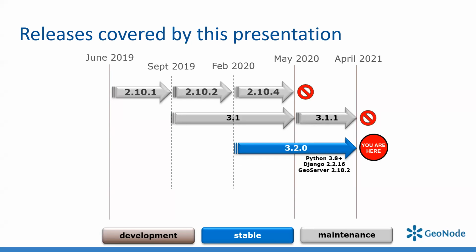We still need to understand with the project steering committee whether we would like to move to GeoNode version 4.0 because of the big changes that will be in the architecture, or not. So the versioning number for the next releases is still a decision process. It's not yet clear which will be the next version.